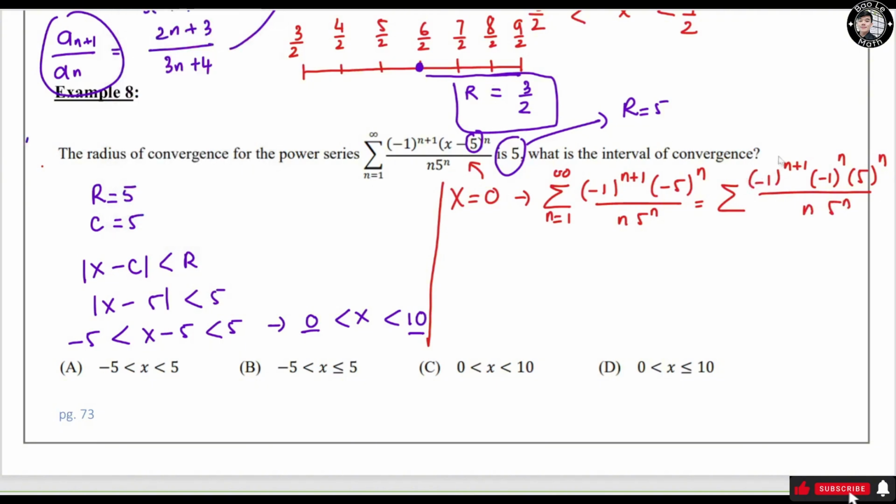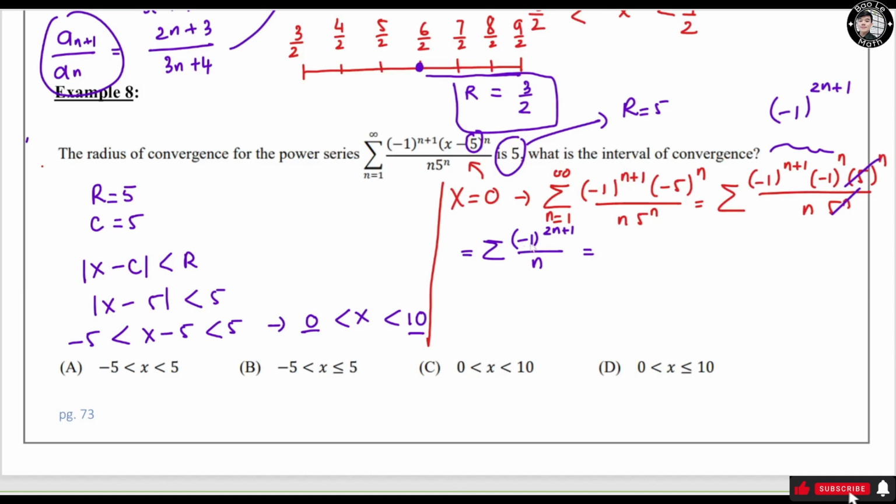Now you can combine these two guys right here, right? So it can be negative 1 raised to the 2n plus 1, right? And this guy cancels out, right? So it's going to be the series negative 1 raised to the 2n plus 1 over n, right? And you're pretty sure that 2n plus 1 is odd, right?